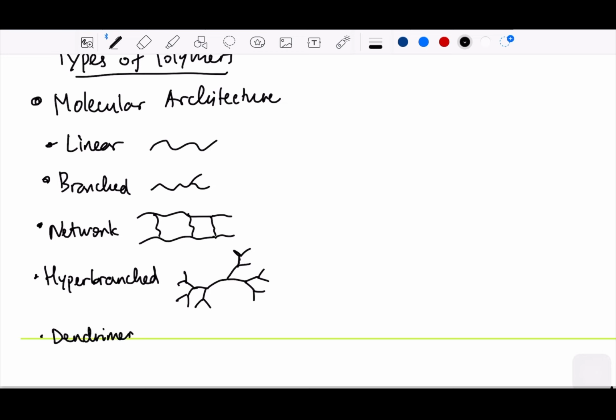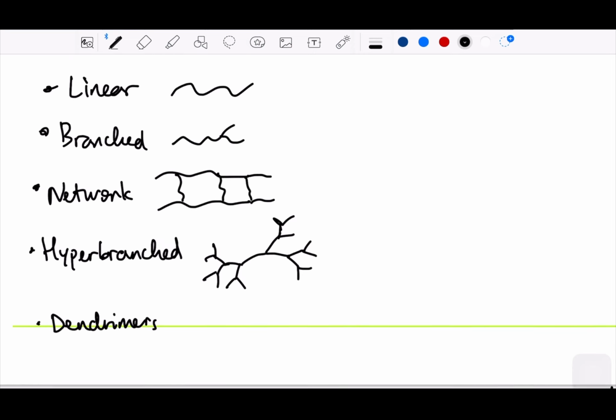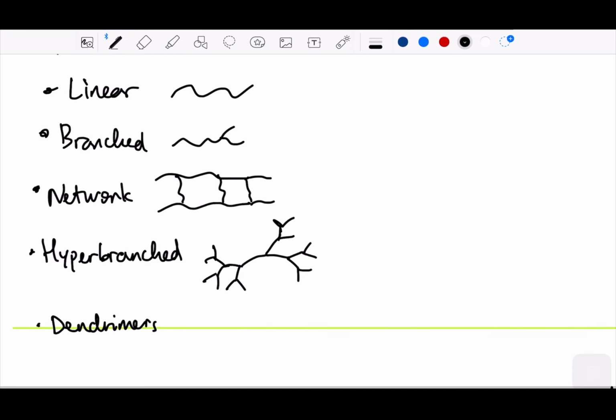Dendrimers are similar to hyperbranched, but the difference is that they have a segmented pattern. If you know the meaning, dendrimers are dendritic polymers. Okay. So it's like dendrite. Dendrite means it's focused on a pattern.